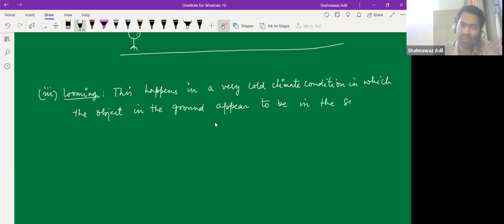That also happens due to TIR, right? So a ship or other objects will appear to be in the sky. That also happens due to this TIR. And then the fourth one is the reflecting prism.